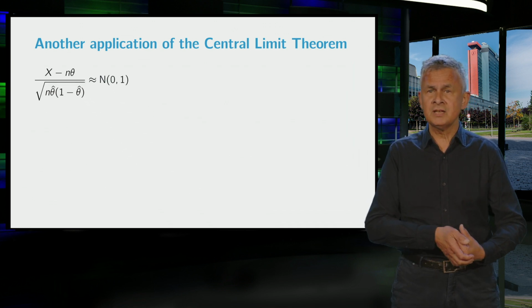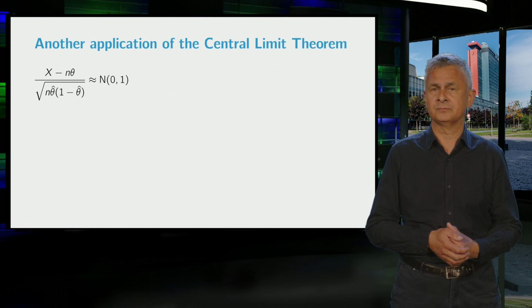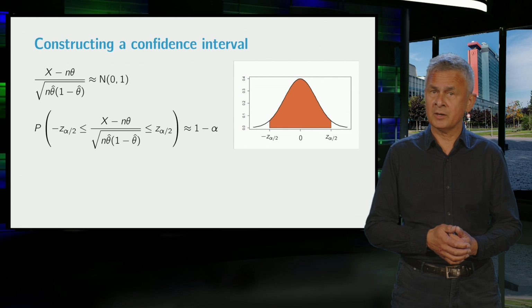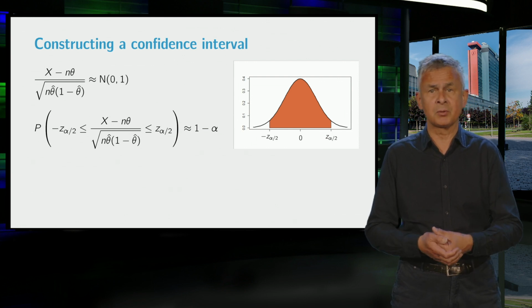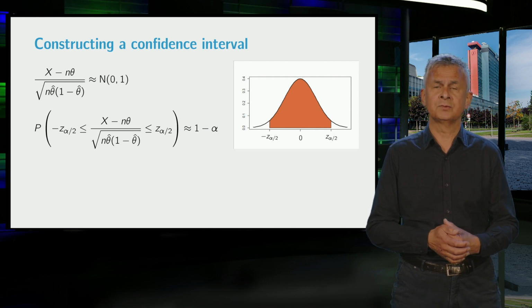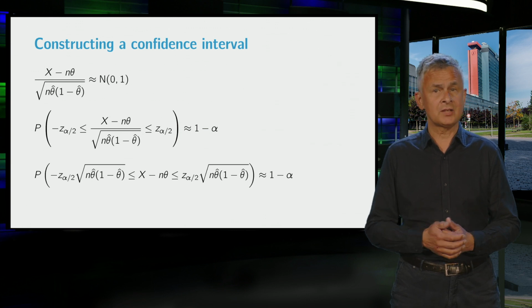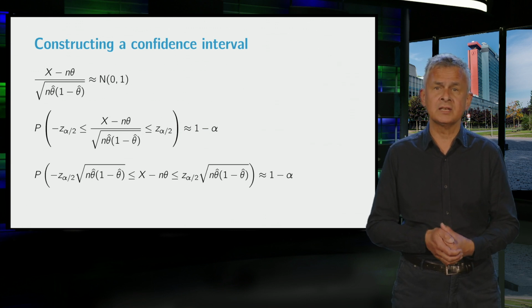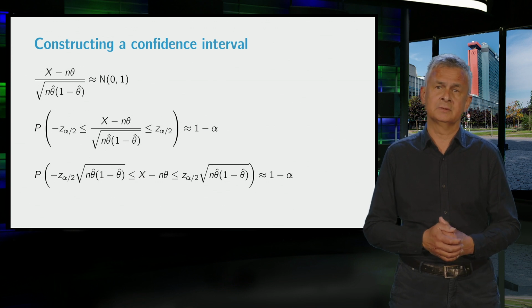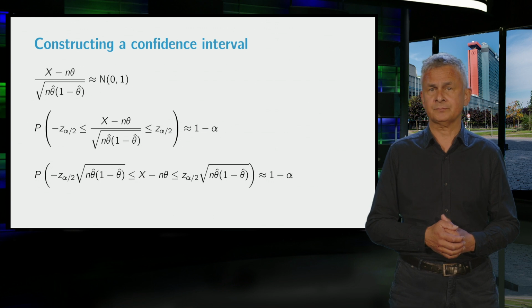Now, how do we proceed in constructing a confidence interval from this approximation? As before, the probability that the standardized x is between minus and plus z alpha over 2 is approximately equal to 1 minus alpha. Now, in this case, the two inequalities can easily be rewritten in this way by multiplying by the square root in the denominator.